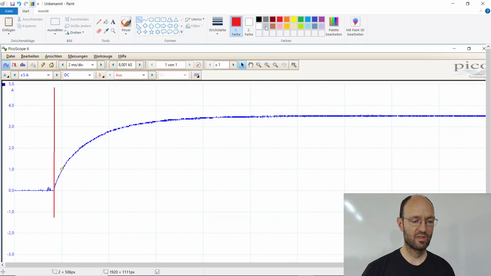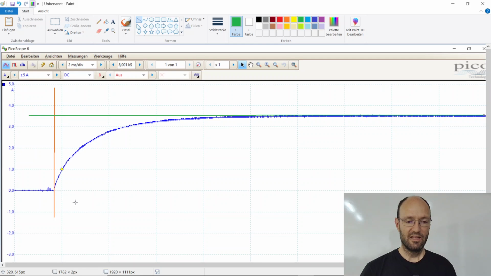And maybe use a different color. And this is our steady state solution. So if I draw a parallel line from the steady state, this would be our steady state. And now let's use another color, maybe green. Now if I start at this point and draw a tangent line to the curve, oh, let's use red.